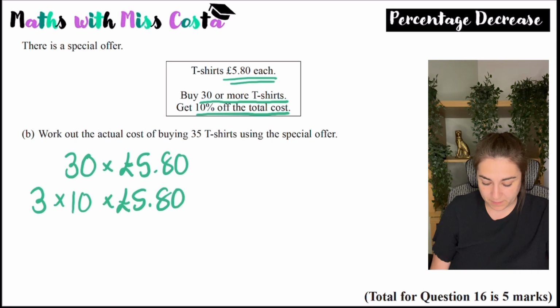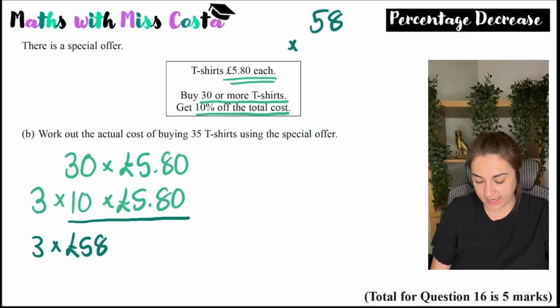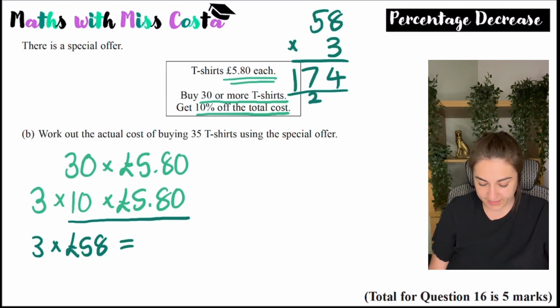So that just might make my calculation a little bit easier. So 10 times £5.80 would be £58. And then I just have to do 58 times 3. So 3 times 8 is 24. 3 times 5 is 15. Add 2 is 174. So 3 times 58 is £174.